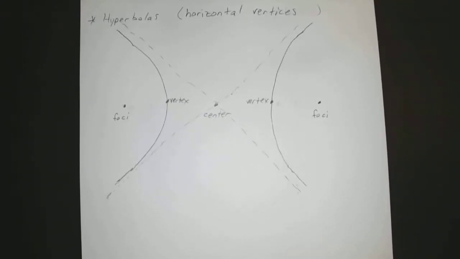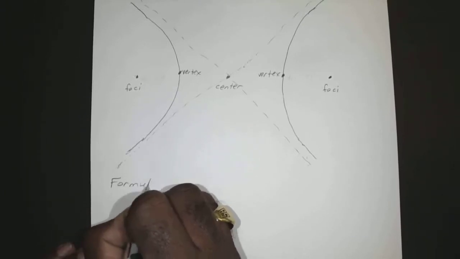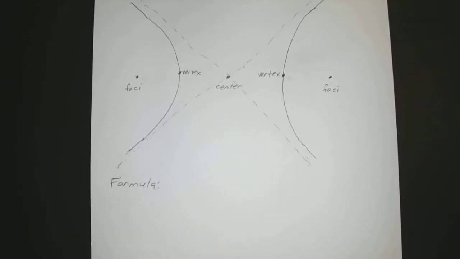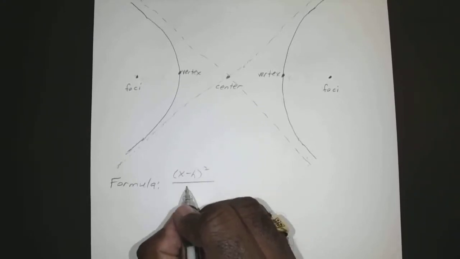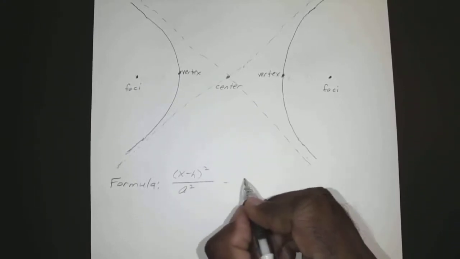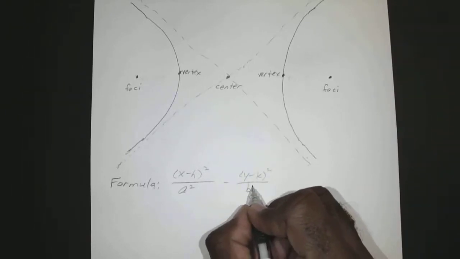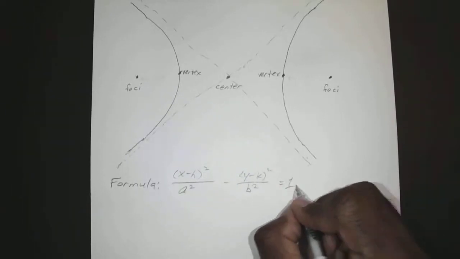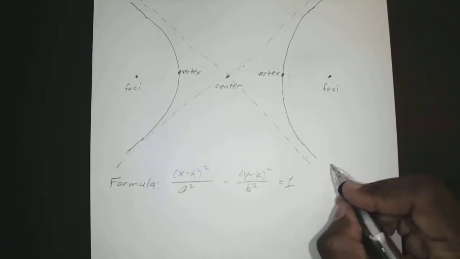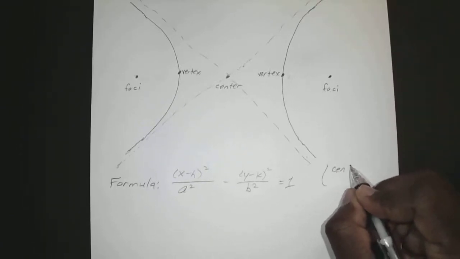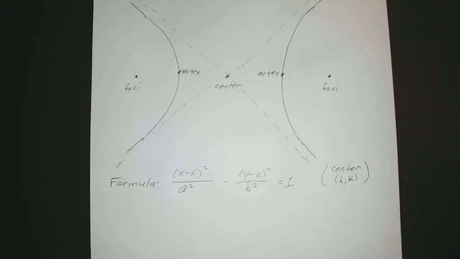Now the formula for this is x minus h squared over a squared minus y minus k squared over b squared equals 1. And of course for this one, your center is h, k just like before.